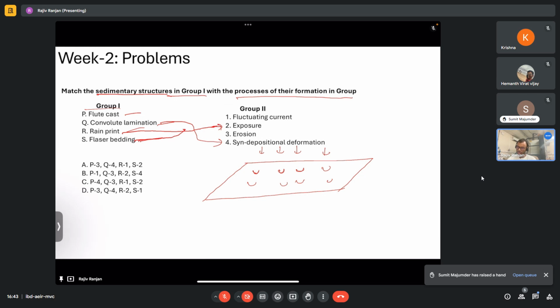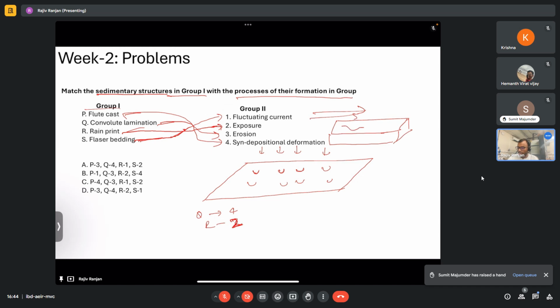Think. So Q4, R2. And flute cast is something which is related to erosion. So if you have a surface and there is very high wind, what will happen?